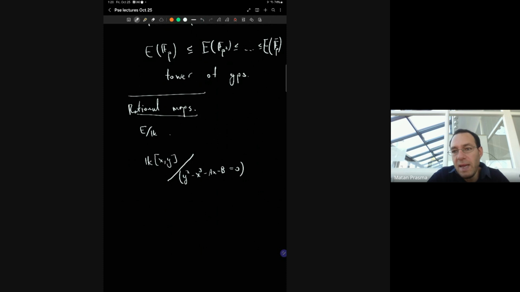And this is analogous to: you take, let's say, Fp. You take polynomials in Fp, and you mod out by some given polynomial phi.